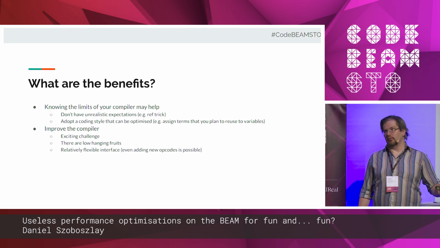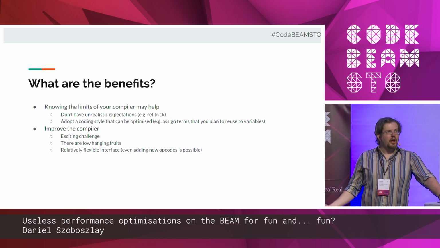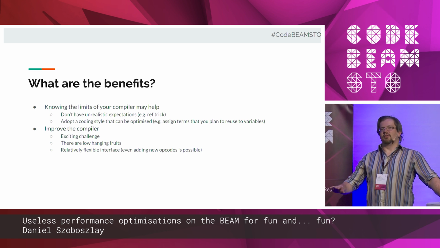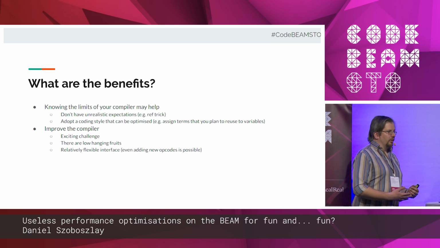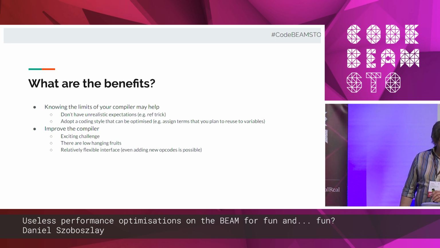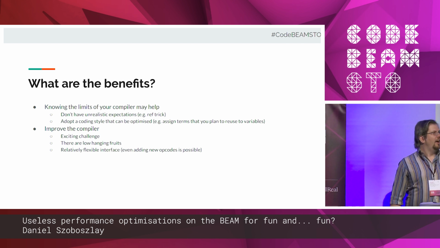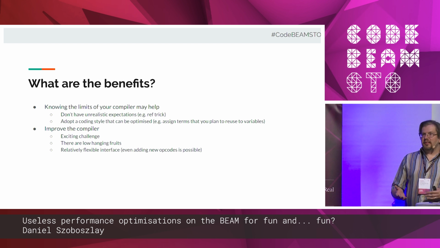There are definitely low-hanging fruits, as I've hopefully shown you today. So the next step is not necessarily to write a JIT compiler. You have to start from much smaller steps and improve things. And I think it has the additional beauty that it's a relatively flexible interface.